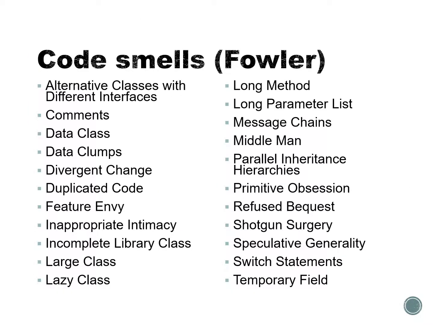Also, if we want to find places which are good candidates for the different refactoring approaches, there's things like code smells. Usual problematic things which usually indicate that there's a problem in this part of the system.